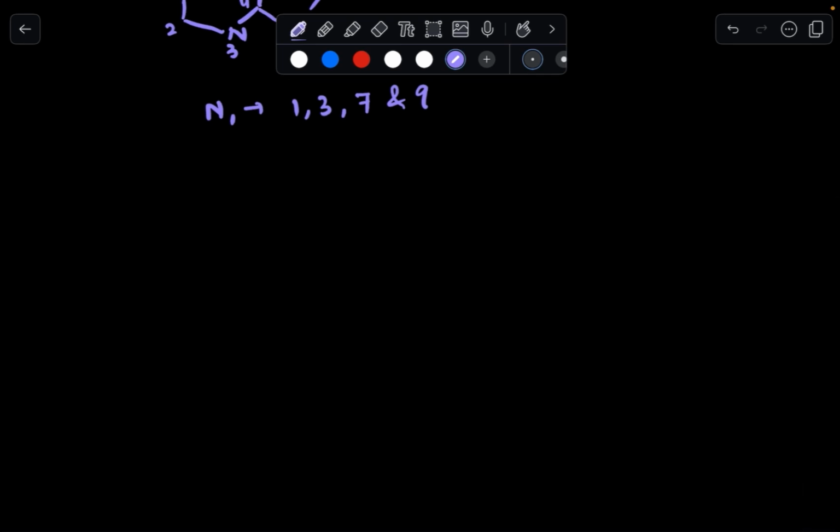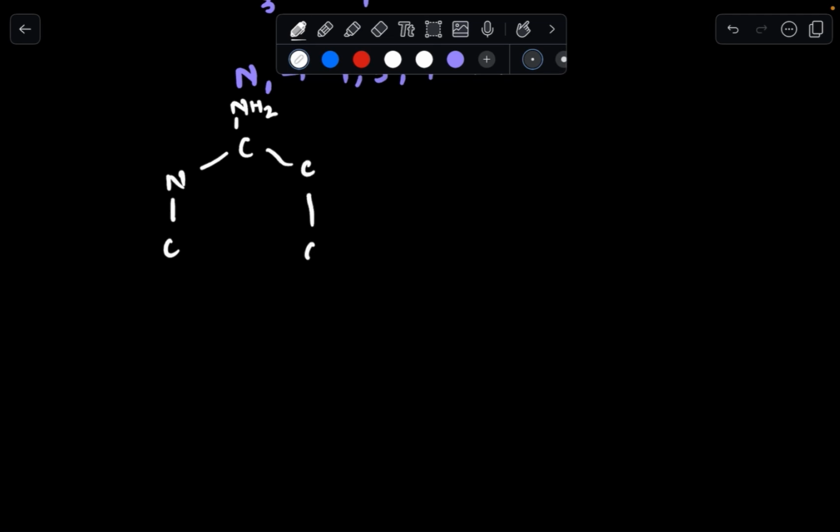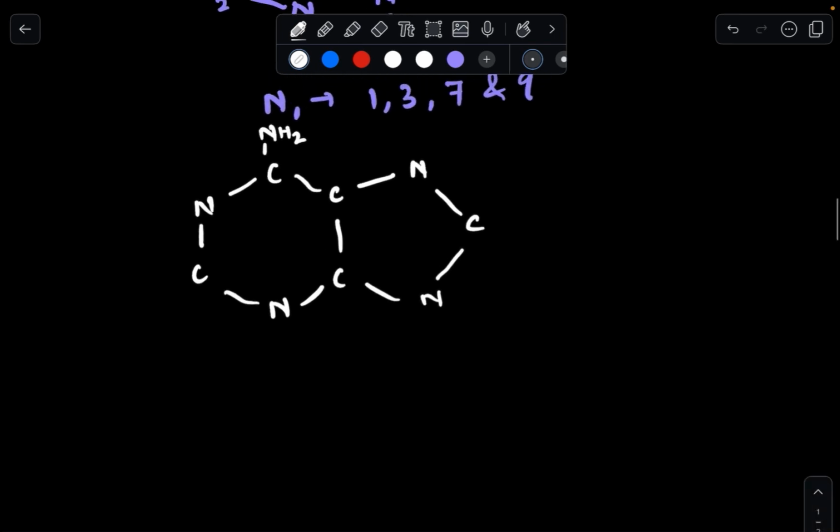For purines, first for adenine we have, look at this, C, NH2, again C, here would be N, then we have N, C, then N. Now here we would have a double bond.